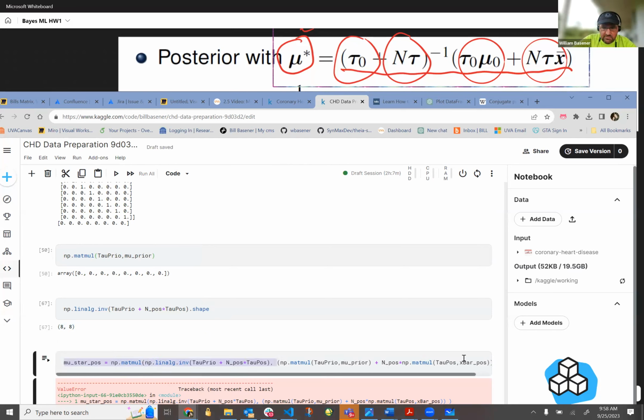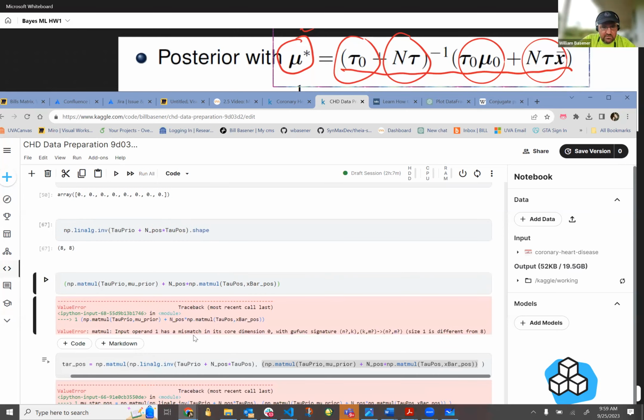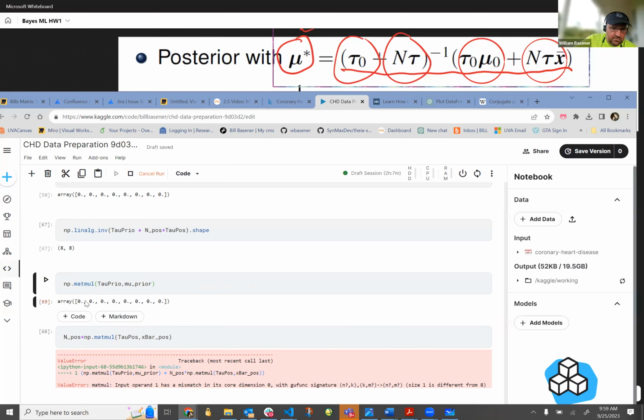Let's take this piece. So it's complaining about dimensions and multiplications of data. So I expect there's probably something similar here. Okay, so we're trying to add these two pieces together. All right, let's see. So that gives us a vector of length 8.